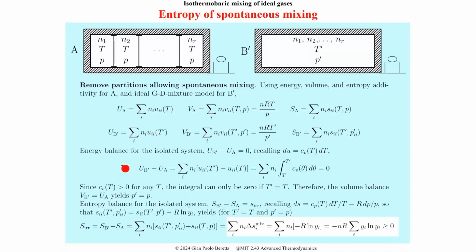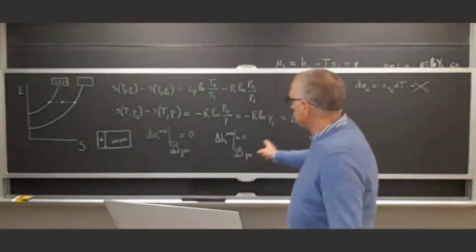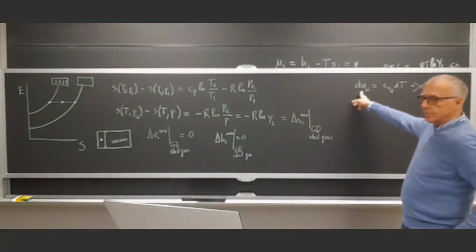Now I make the balance equation. So the balance equation, when the system is completely isolated, is that the energy is conserved. So U final minus U initial is equal to 0. So I have U final, I have U initial, I subtract them. I can put this under the same summation. Then I remember this equation here.